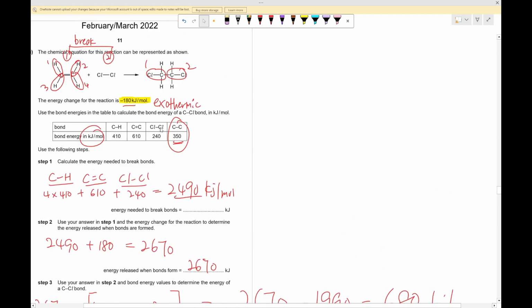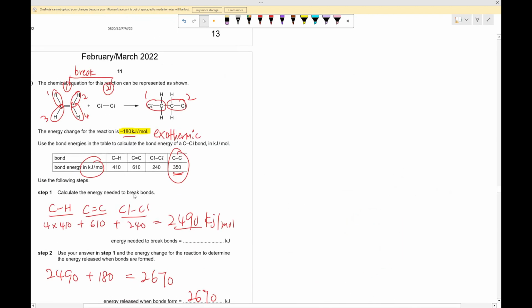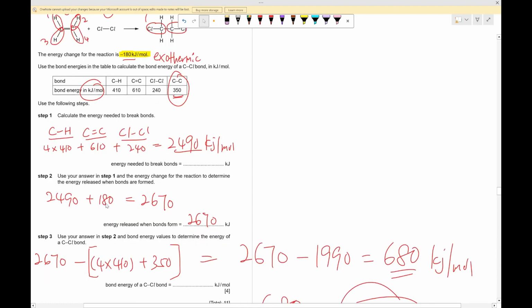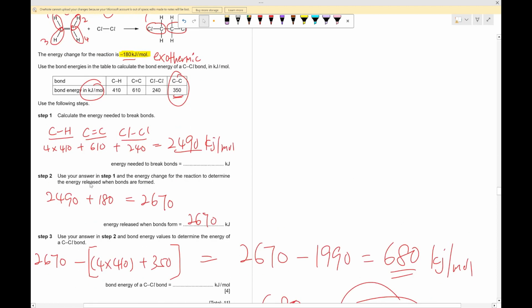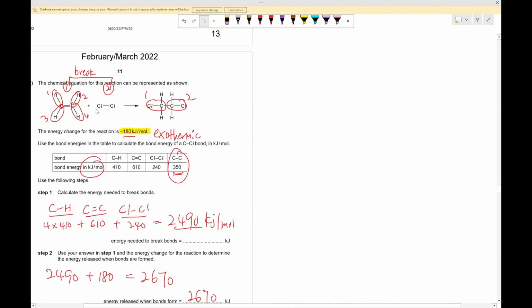You must remember, you must know why we add back the 180 just now. A lot of students make mistakes because they didn't add back the 180. They thought it's negative, so they straight away minus the 180, and that means our answer will be wrong. Why? Because the 180 originally belonged to the reactants, before they reacted.